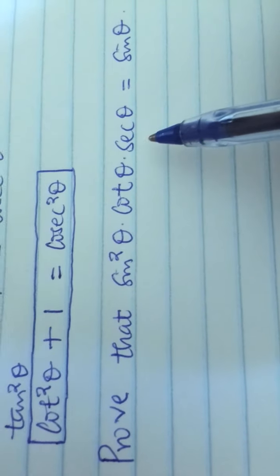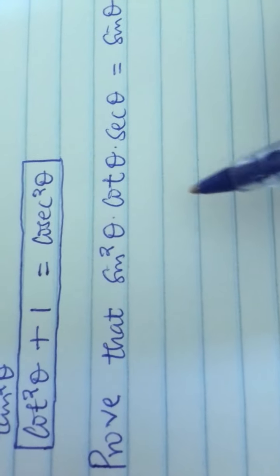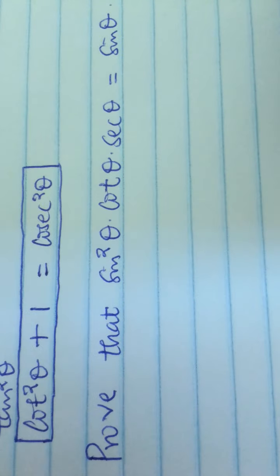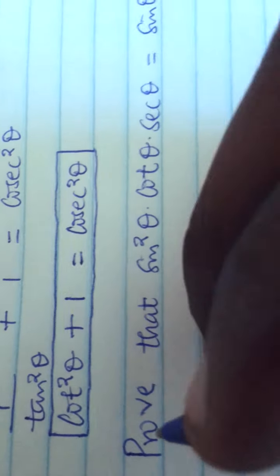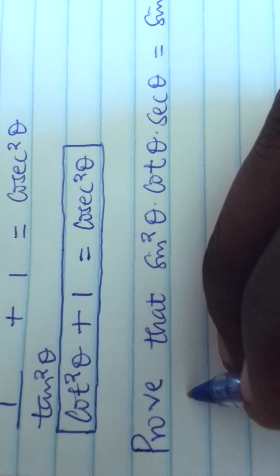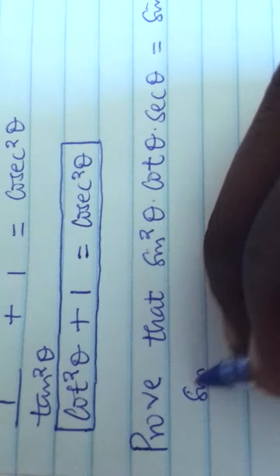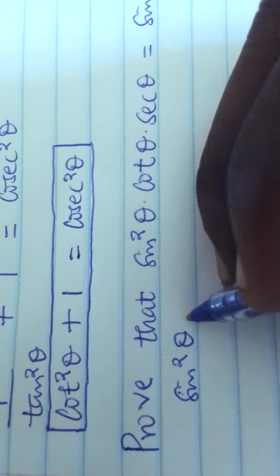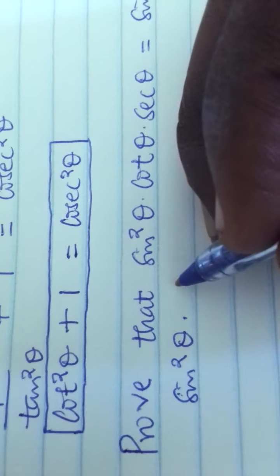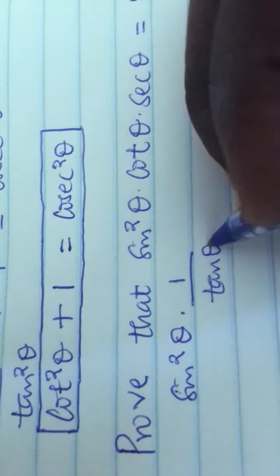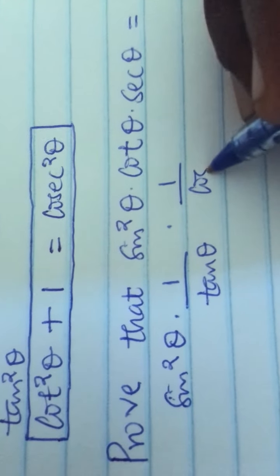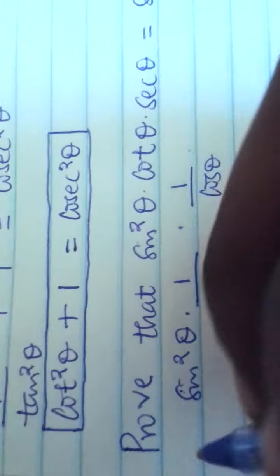Now when you look at ours, we have the cot and sec. Those ones we don't have on the calculator, but we can express them in the form of sine and cos. So from the right hand side, we shall have sine squared theta times cot theta, which is the same as 1 over tan of theta, then times sec theta, which is the same as 1 over cos of theta.